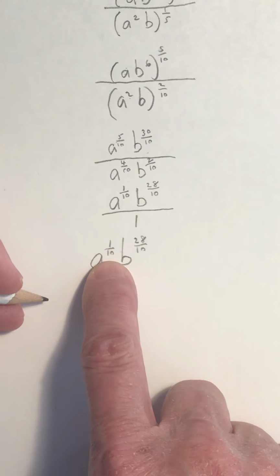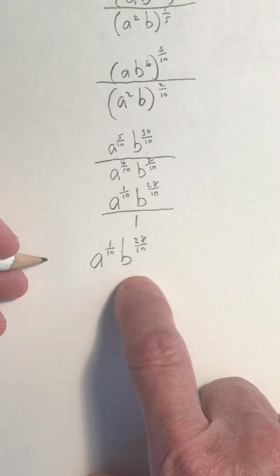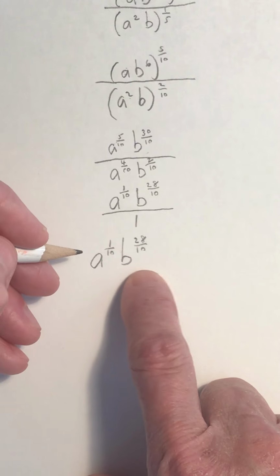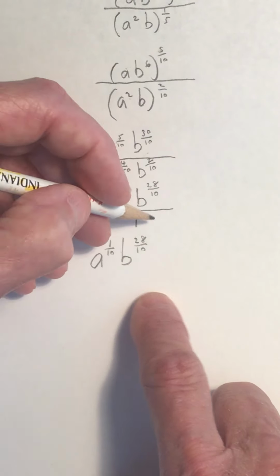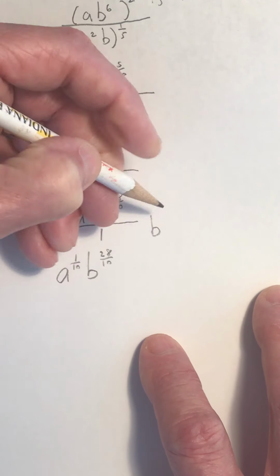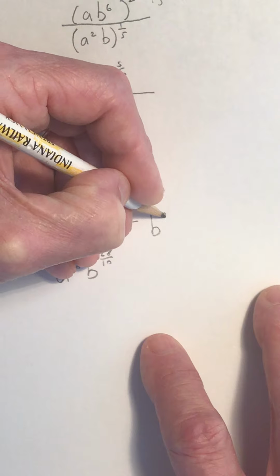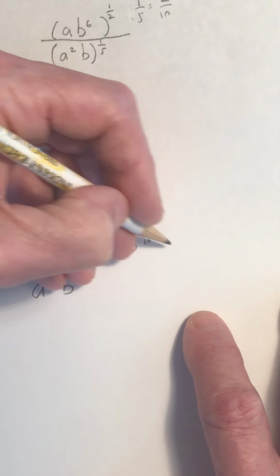Now, we notice this is a proper fraction. This is an improper fraction. We can switch back to radical form right here and then try to simplify the way we did a week ago. But we could also notice that b to the 28 over 10 can be rewritten like this.